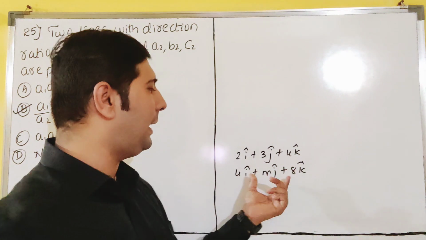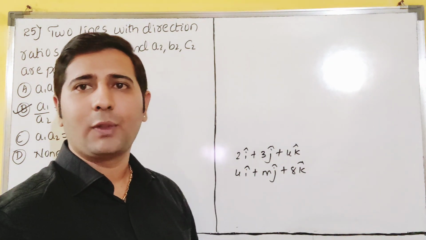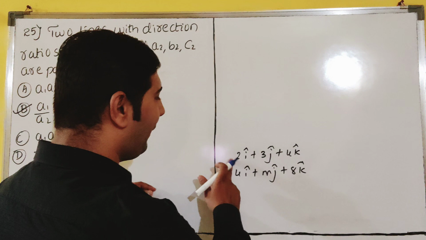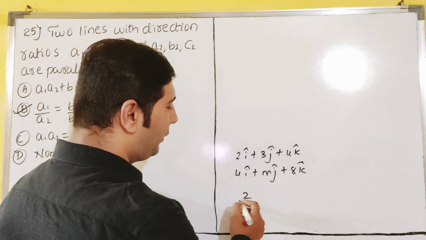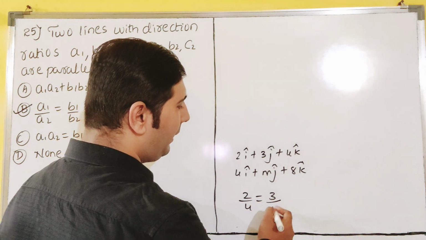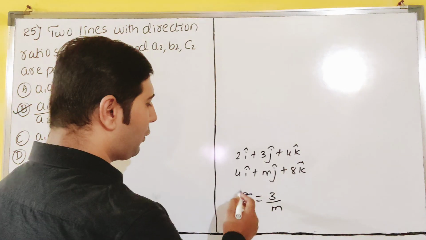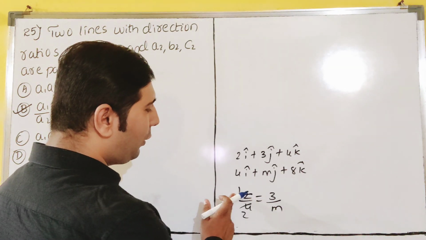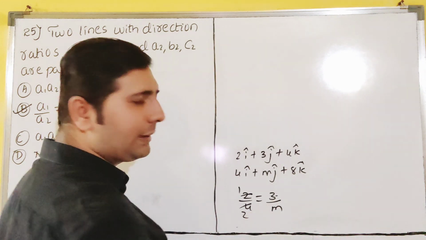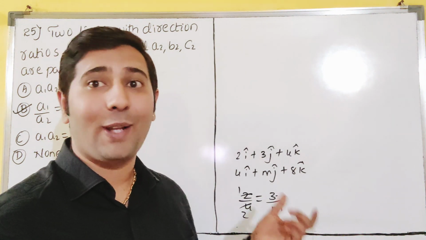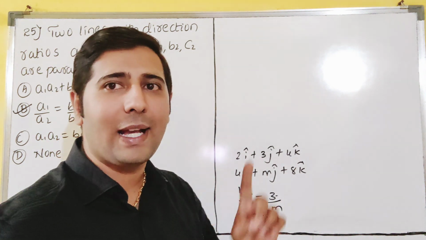Then you have to find the m value. That time a1 by a2, b1 by b2: 2 by 4, 3 by m. These are parallel, they are saying. So 2 times m is 2m, and 3 times 2 is 6. So m is equal to 6. Like this you have to answer when they are given as parallel.